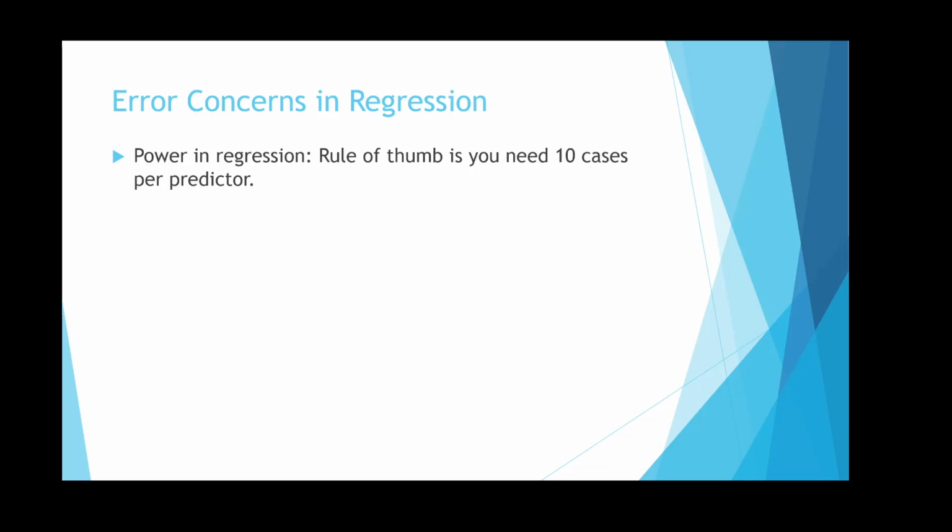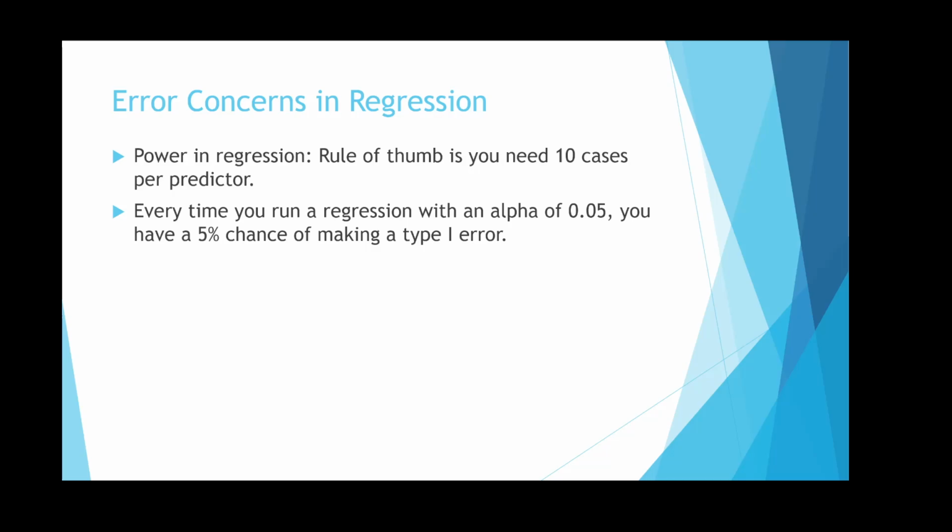In practice, a lot of you are going to have access to data sets that are in the thousands. So hopefully this won't be much of an issue. But if you're working with a small data set, one rule is you need to have at least 10 cases per predictor, but that is really small.